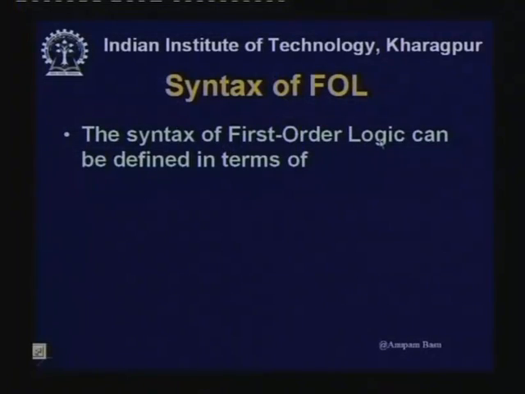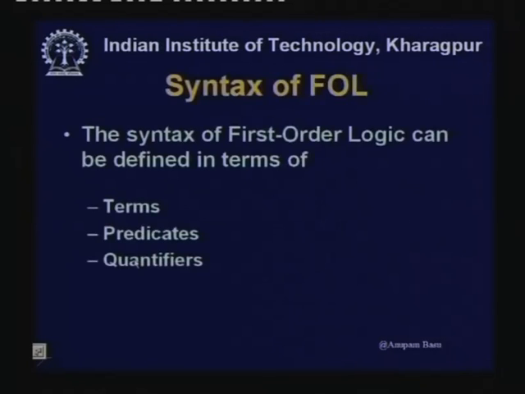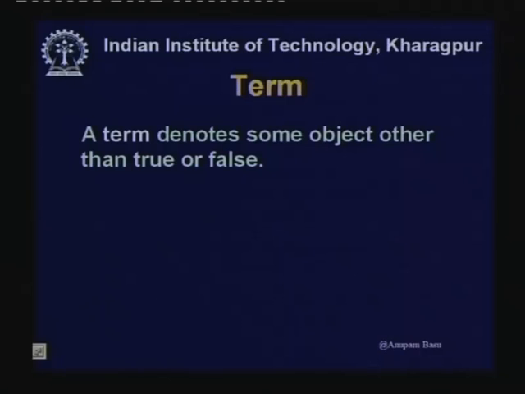The syntax of first order logic can be defined in terms of terms, predicates and quantifiers. We can express it in terms of these three things: terms, predicates and quantifiers. I will explain each of them one by one now. What is a term?